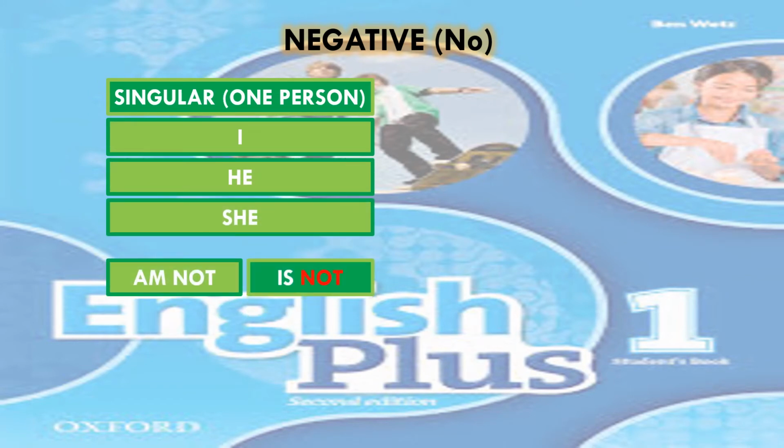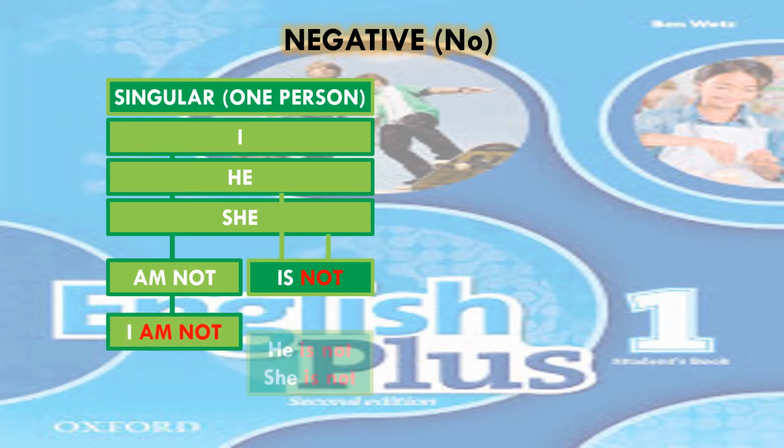Instead of am and is, we add the word not. It means that we don't agree. We say no. So when we say I am not, he is not, she is not.